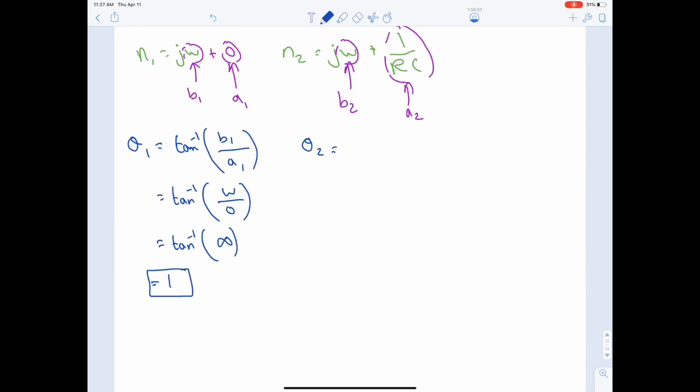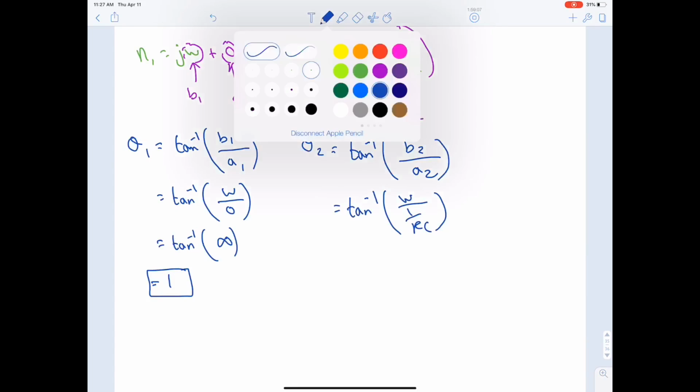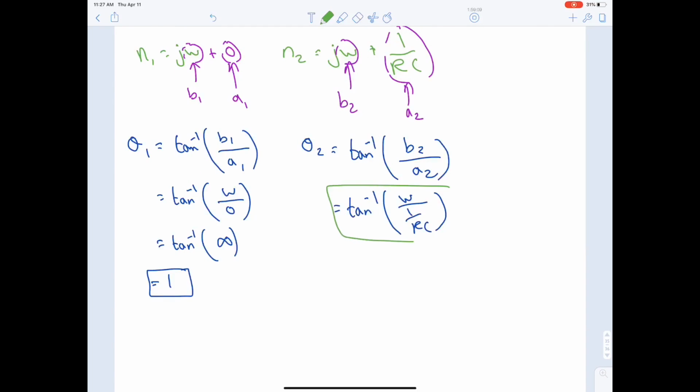For theta 2, it's tan inverse of b2 over a2, which is equal to tan inverse of omega over 1 over RC. Okay, what is the total theta?